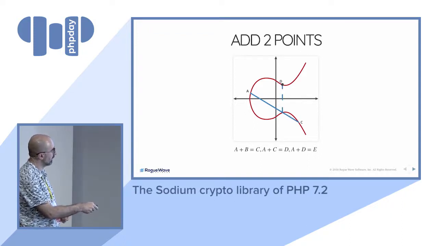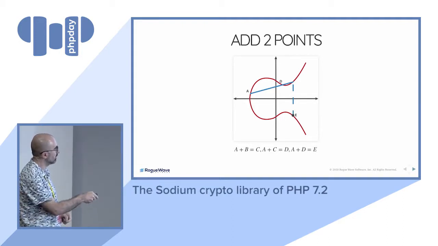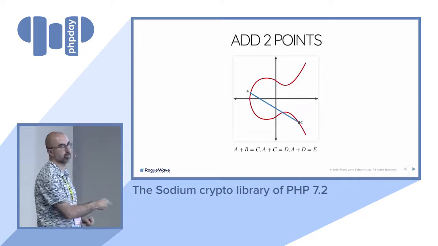You draw a line, you go to the intersection of the line, and you go to the opposite side. So E is the sum of A and D in this example. Again, you have A and B, you draw a line, the intersection is this point, you flip to the opposite side, so this C is A plus B.